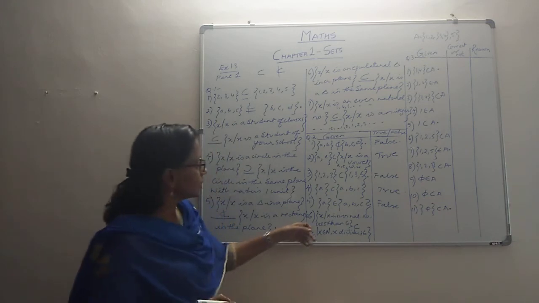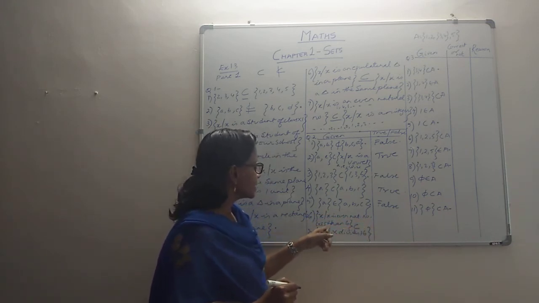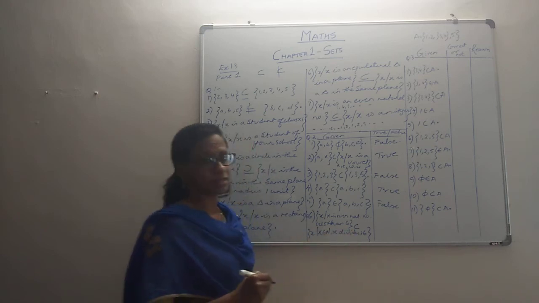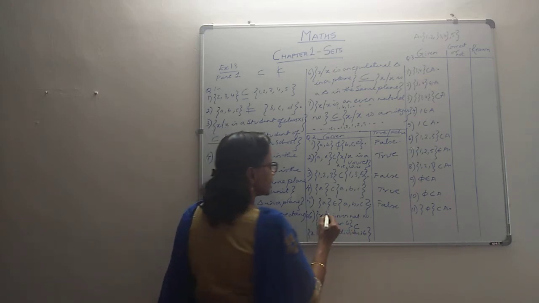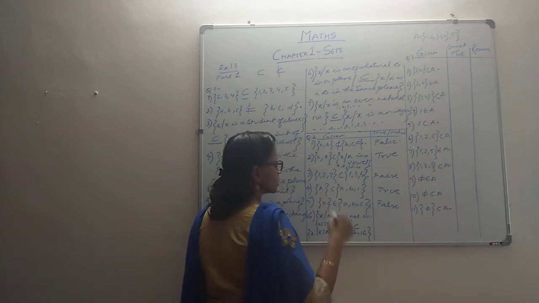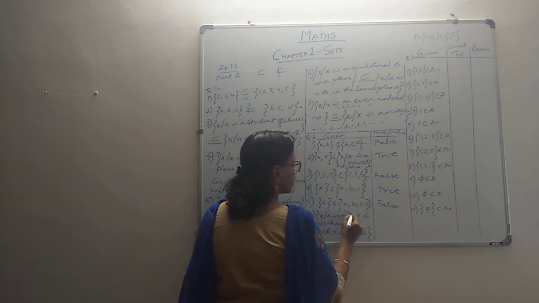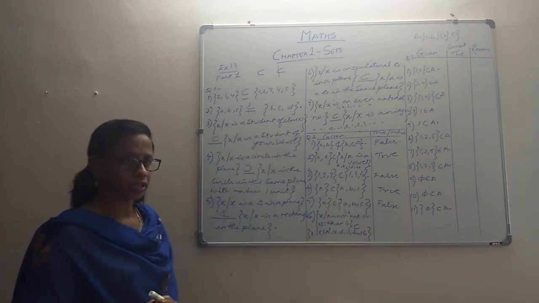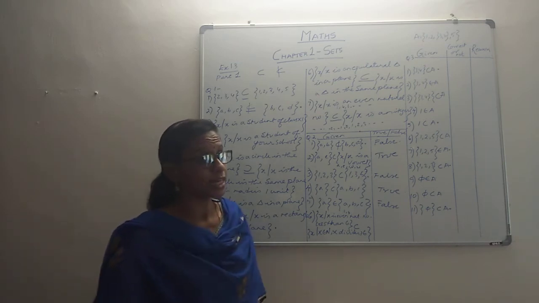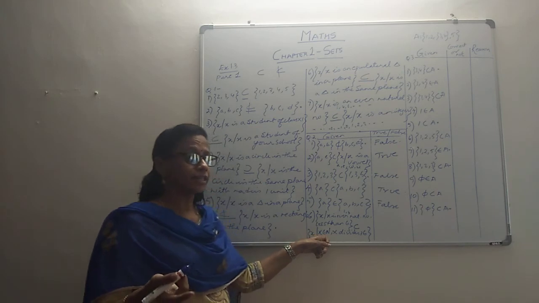Again, x is such that x is an even natural number less than 6, and x is a natural number which divides 36. Let's say x is an even natural number less than 6. It has to be even, it has to be a natural number, it has to be less than 6. So we can only have 2 and 4. Now here you have to have a natural number and it has to divide 36.